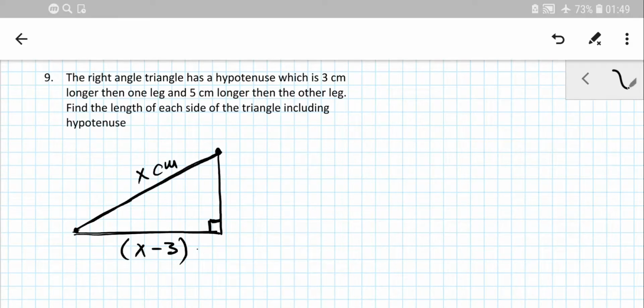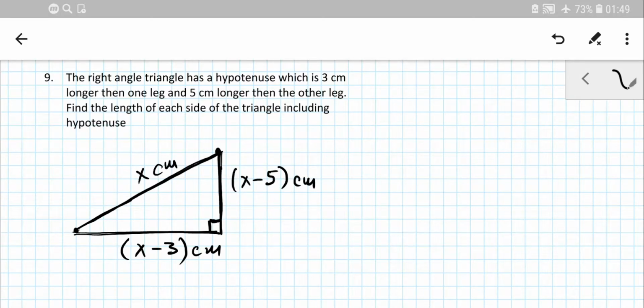Both in centimeters. What about this other leg? It's 5 centimeters shorter than the hypotenuse, because the hypotenuse is 5 centimeters longer than this leg. So we can set up x minus 5 for the other leg.